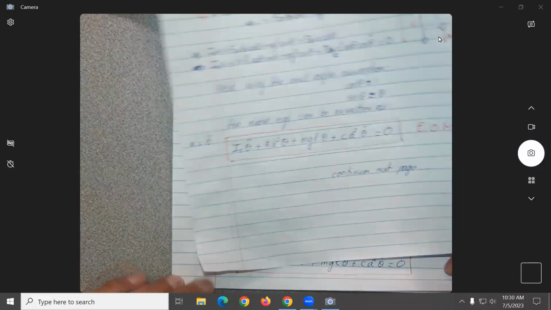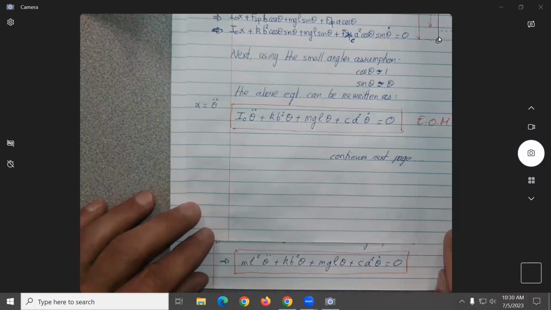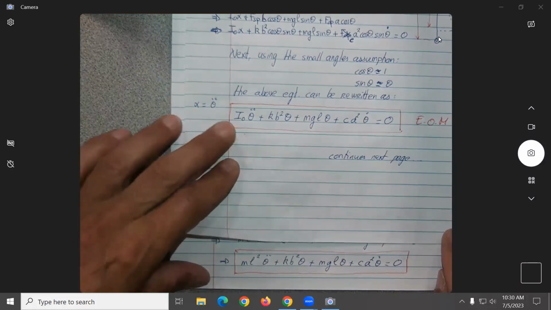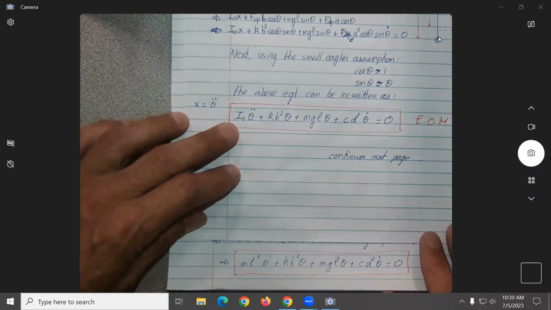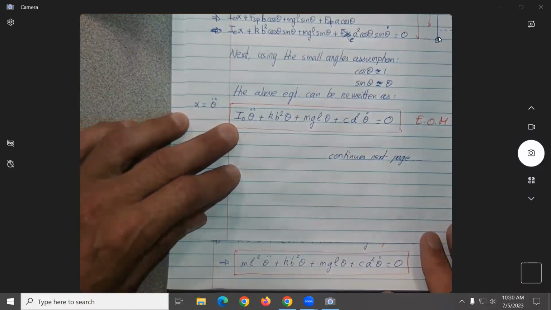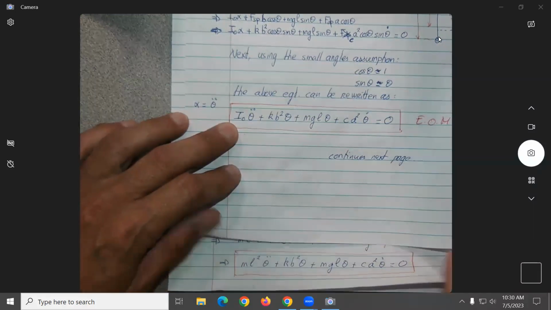Okay, so if you compare this equation to this equation, what is the only difference? Really they're identical, but basically what happened is that here we already found out the expression for I naught, which should be equal to ML squared. Otherwise they're identical.